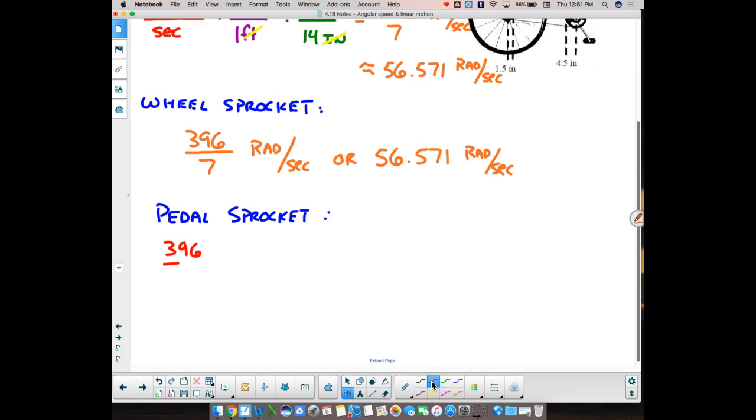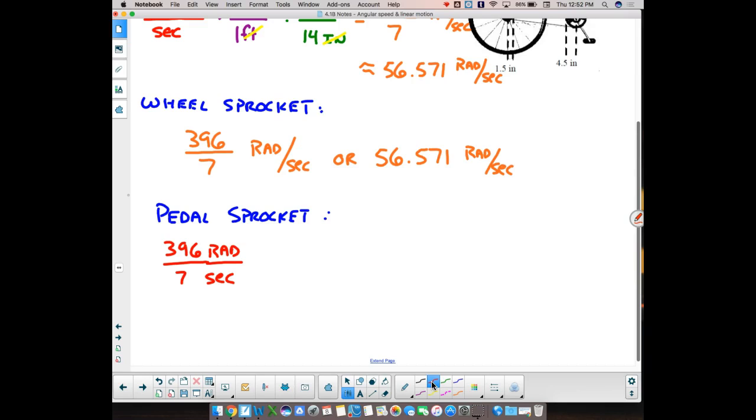The wheel sprocket is spinning at 396 over 7 radians per second.